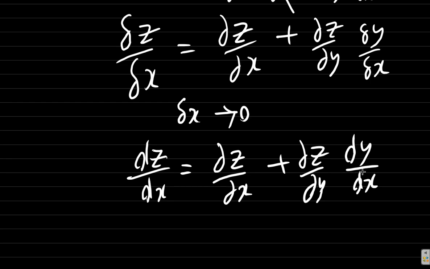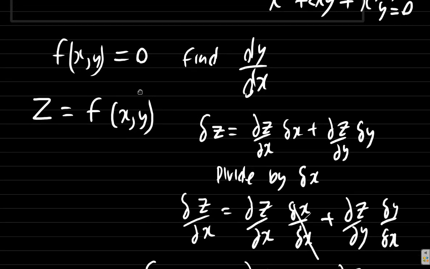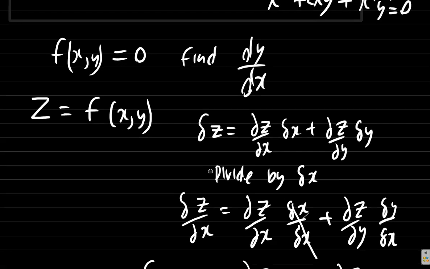Alright. Now, here, we started out by saying f of x, y is 0 and z is f of x, y. So therefore z is equal to 0.